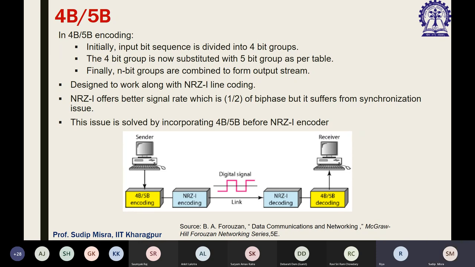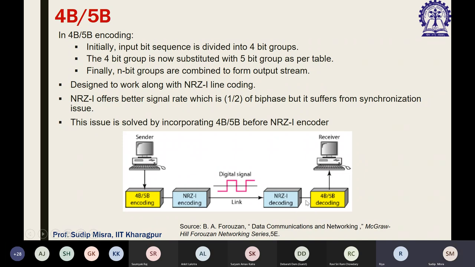So this is basically how it is done, right? Now have a look. What 4b 5b does is that you encode, and then you use some appropriate mechanism, let us say NRZ-I, the inverted version of NRZ. You take the appropriate encoding scheme, encode, and send to the other side.